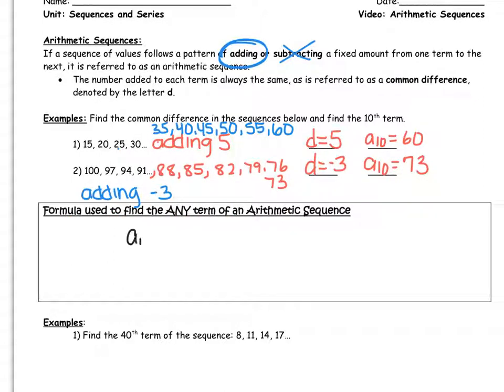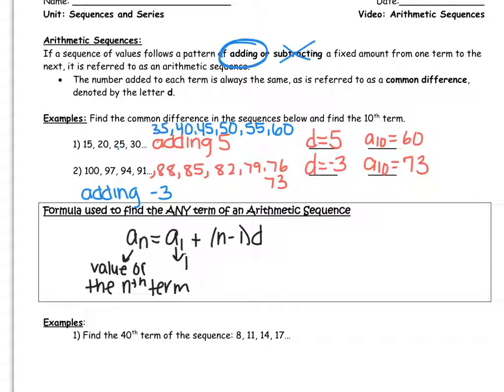So a sub n equals a sub 1 plus n minus 1 times d, where a sub n is the value of the nth term, a sub 1 is the first term, d is the common difference, and n is the number of terms.